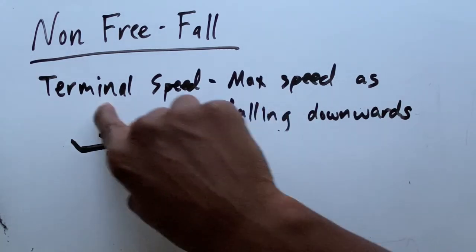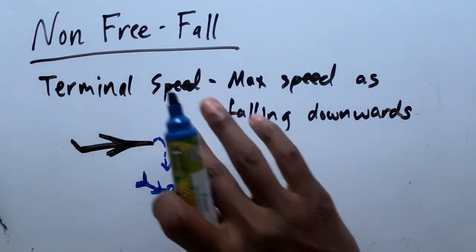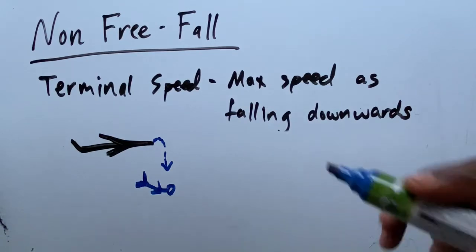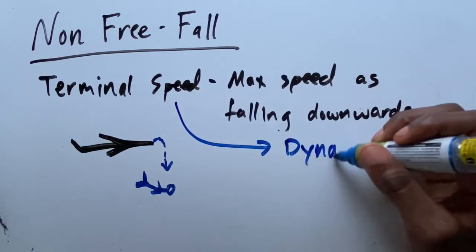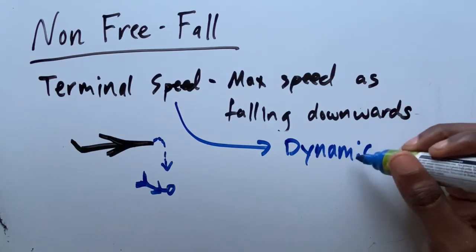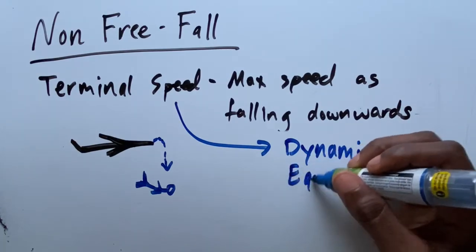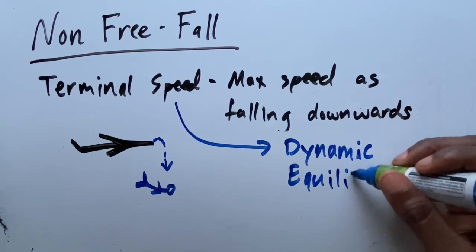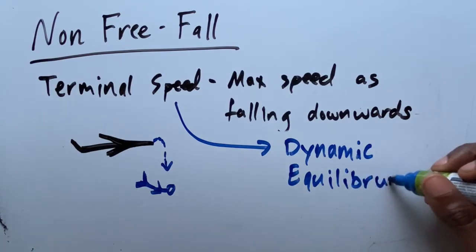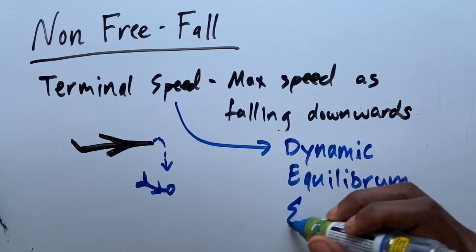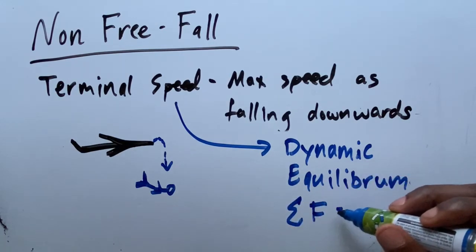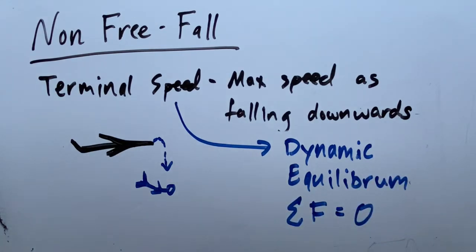Well, when you're in terminal speed, we can actually say that terminal speed is when you reach dynamic equilibrium. Ooh, I hope I spelled that right. You know what I mean? This is when you reach dynamic equilibrium when you're at terminal speed. So that basically means the sum of the forces are going to be equal to 0, right?